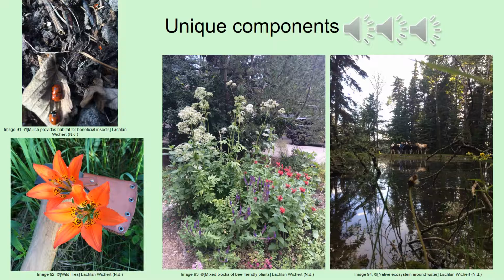It's best to plant in blocks of color, so instead of having one specimen plant that's supposed to be a terrific bee plant and you never see bees on, it's probably because it's just too small. It's not worth their time. So you plant blocks of color, that's the trick. And then try to avoid excessive chemical use, especially pesticides, because those literally kill bugs, which is what we're trying to get more of in the garden.